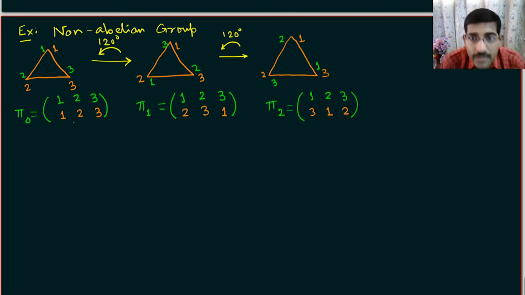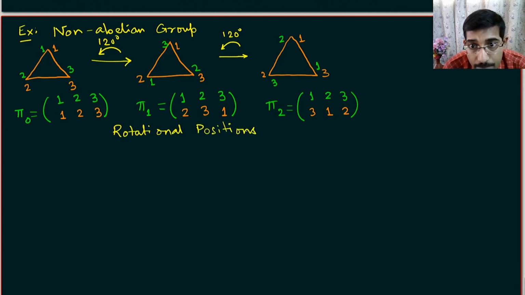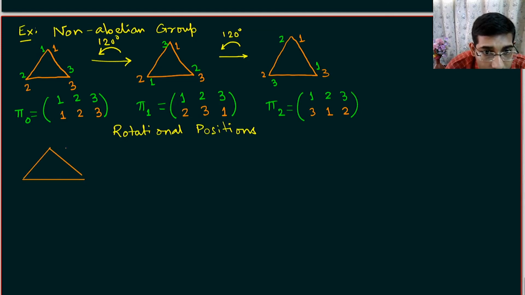So this is the rotational aspect that I gave. These are the matrices which denote the rotational positions. There could be another thing as well, that I can dictate what are called reflectional positions.